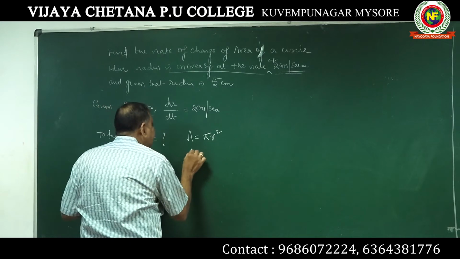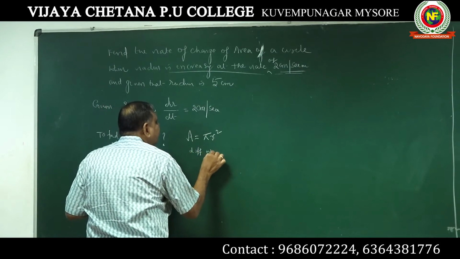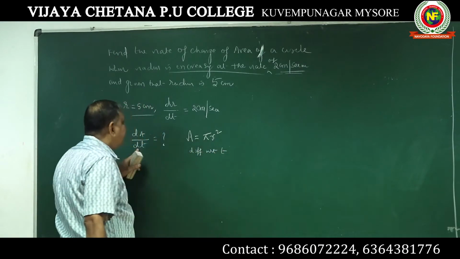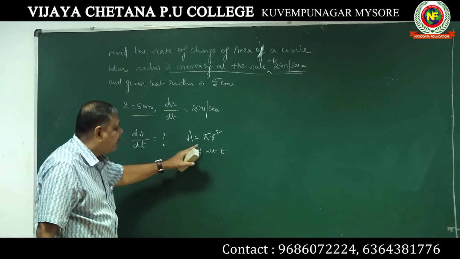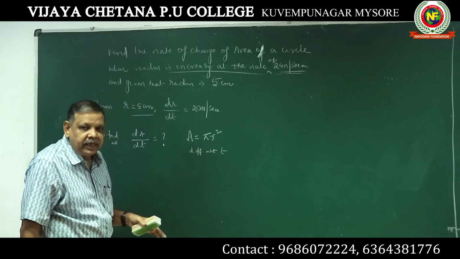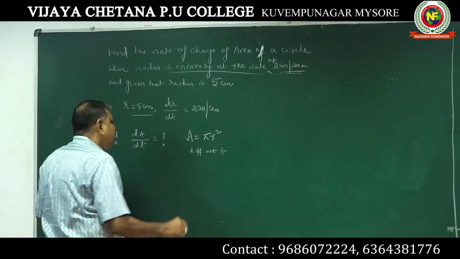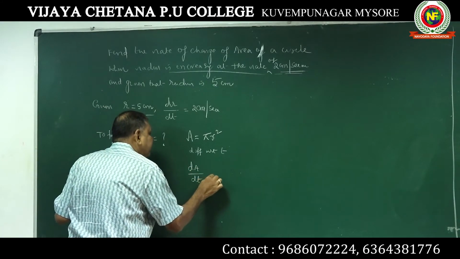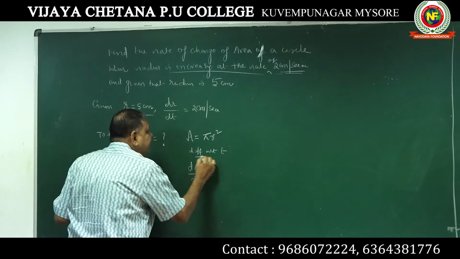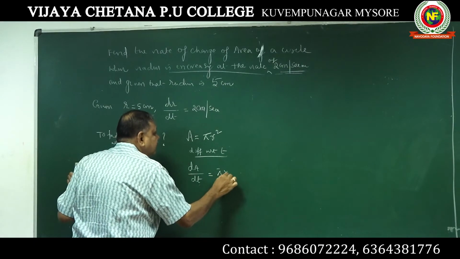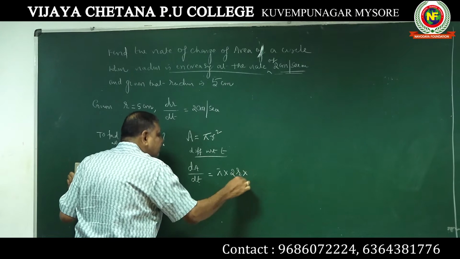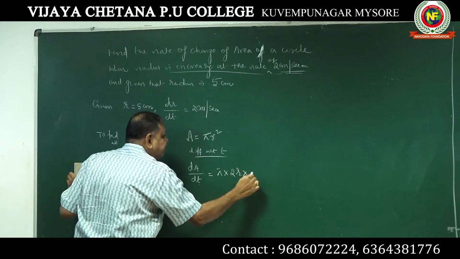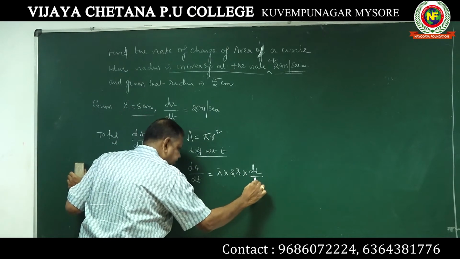Now differentiate with respect to t, because we want dA by dt. Many times it is always with respect to time unless it is specified. So dA by dt is differentiated with respect to t. Pi is a constant. 2r into, this is an implicit function, so dr by dt.